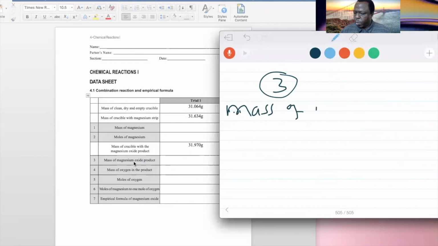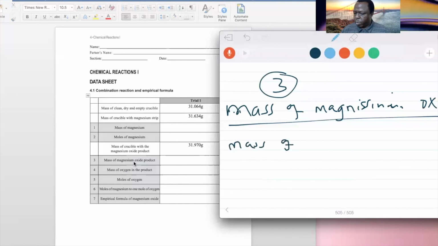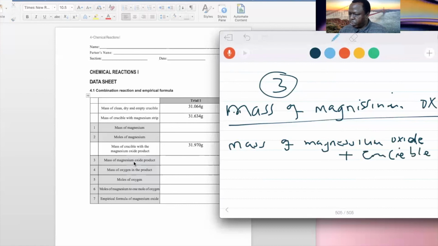That's line 3. It will be the mass of magnesium oxide plus crucible, minus the mass of the crucible alone.